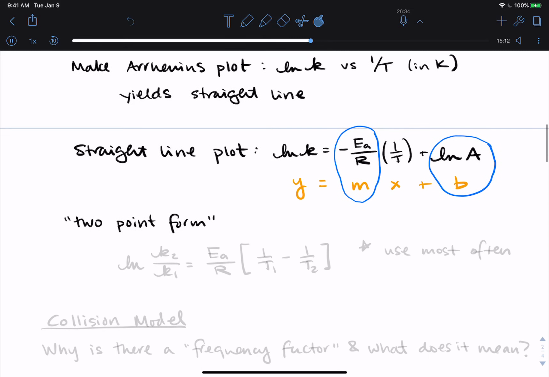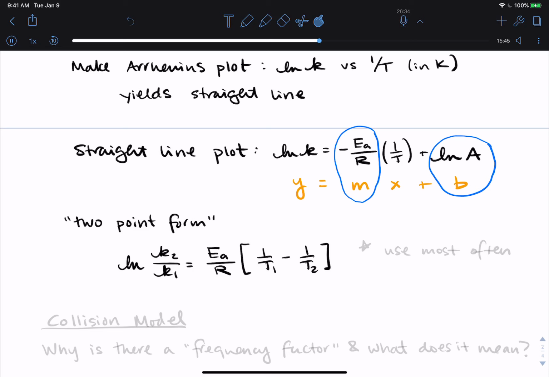we can take two points on this line and come up with a relationship between the rate constants and the temperature. What this looks like is that the natural log of k2 over k1 equals a positive Ea over R times 1 over T1 minus 1 over T2.